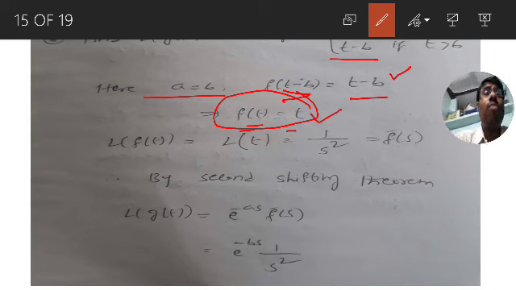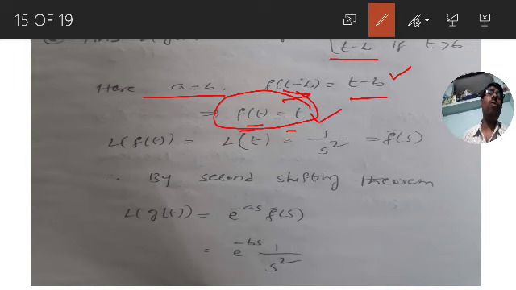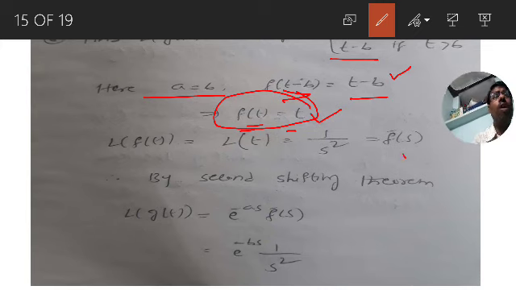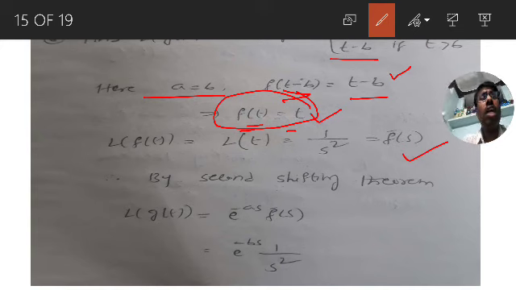What is L of f of t? That is L of t. L of t power of n is n factorial by s to the power of n plus 1. Now L of t power of 1 is 1 factorial by s square. 1 factorial is 1, that is 1 by s square. So 1 by s square is our f bar of s. Therefore, by second shifting theorem, what is L of g of t?